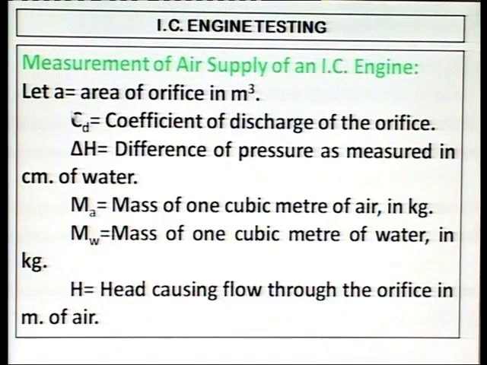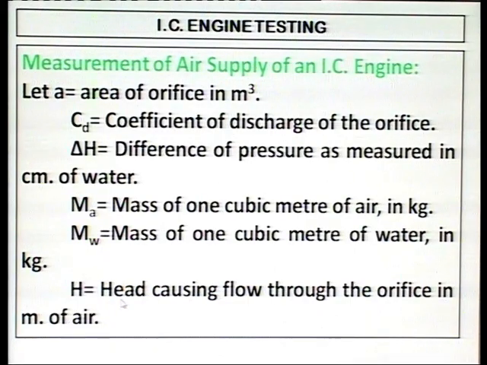Let A is equal to area of orifice in meter square. CD is equal to coefficient of discharge of the orifice. Delta H is equal to difference of pressure as measured in centimeter of water. MA is equal to mass of 1 cubic meter of air in kg. MW is equal to mass of 1 cubic meter of water in kg.